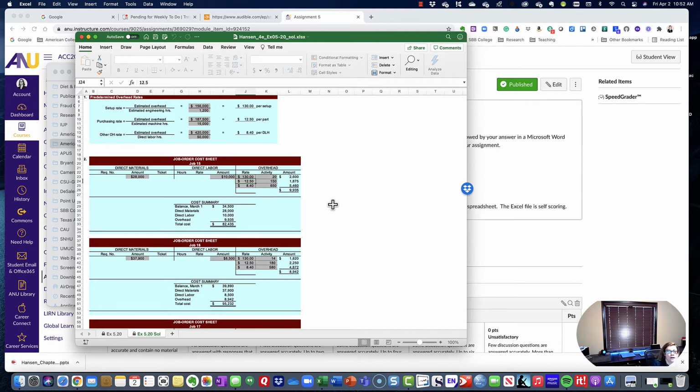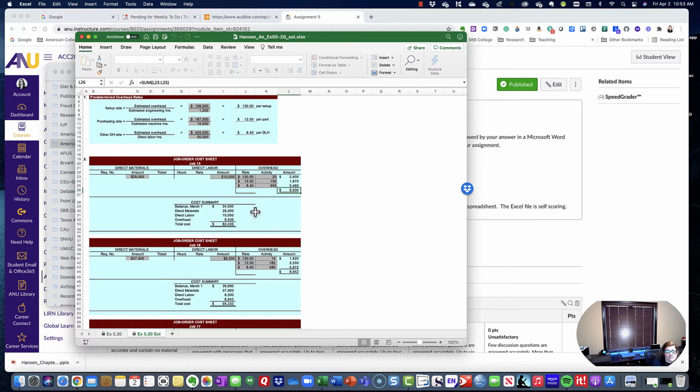Then you have the 1,250, which is our purchasing rate, times the 150 machine hours that were used to get 1,875. Lastly, we have our other overhead rate, which is 840 times the direct labor hours of 650 hours, to get our total of 9,935 for our overhead.